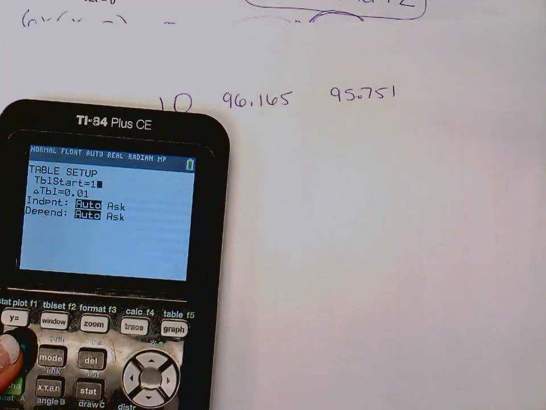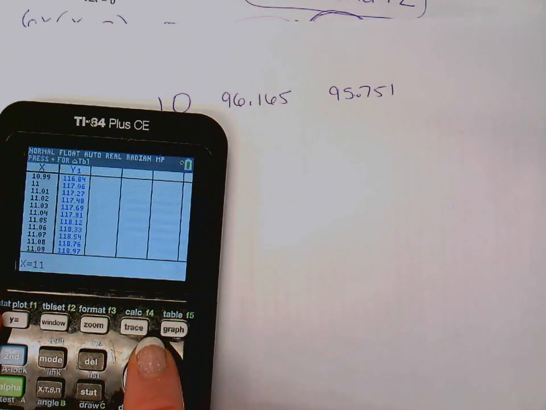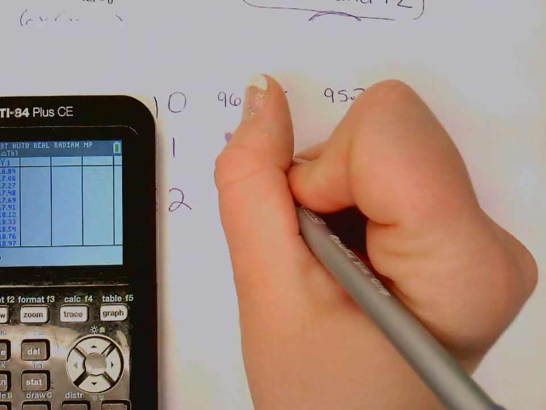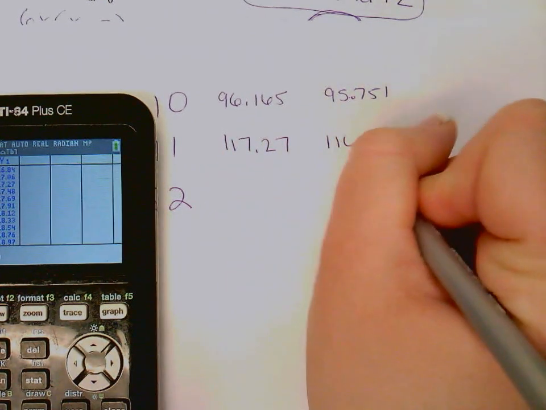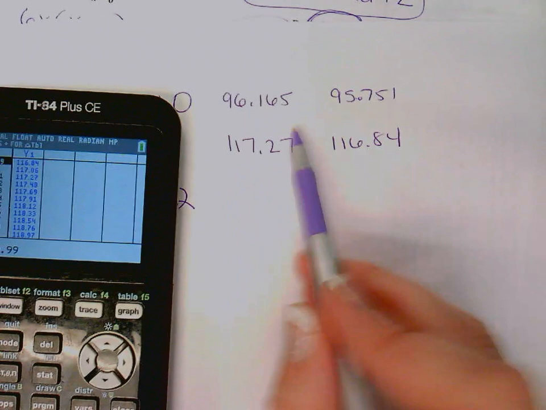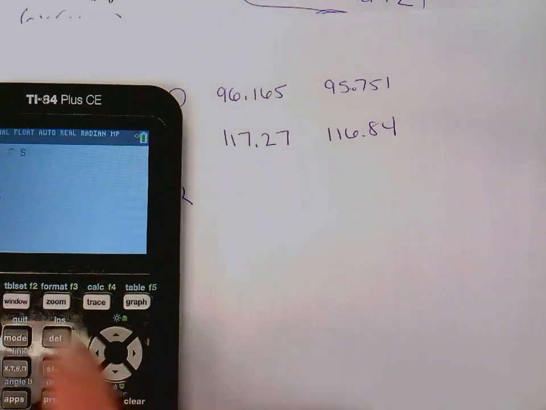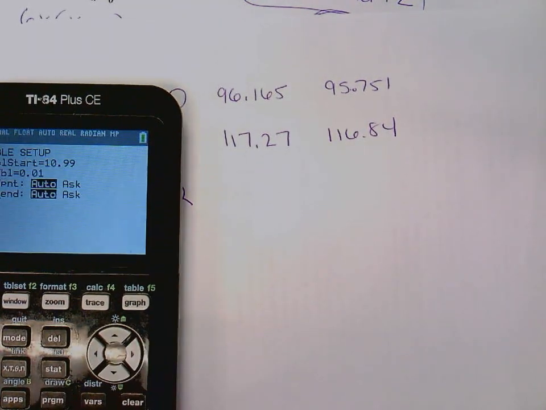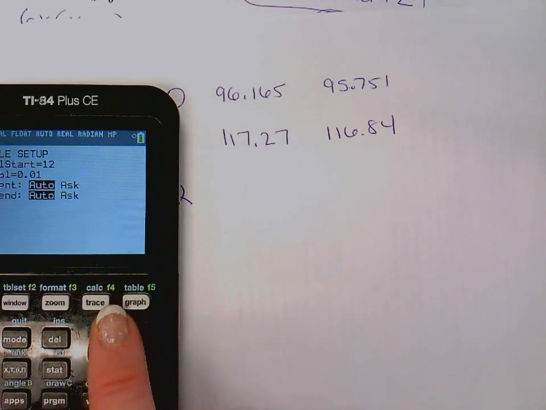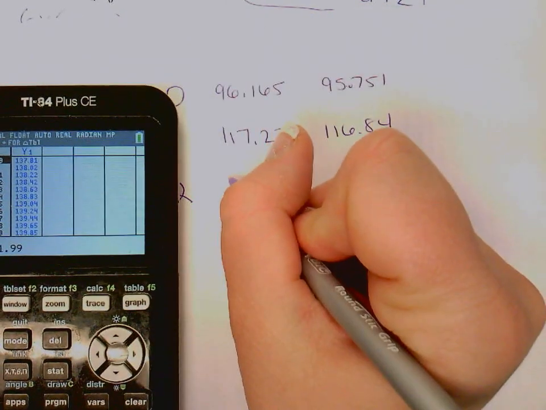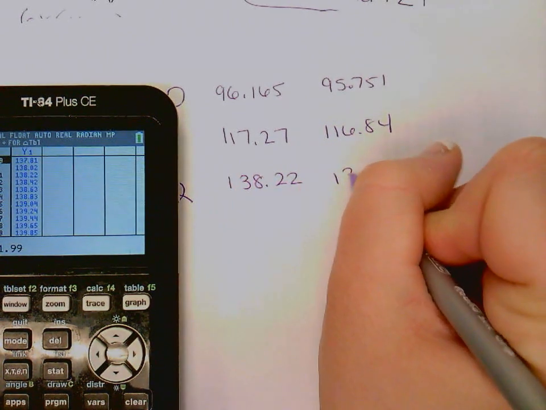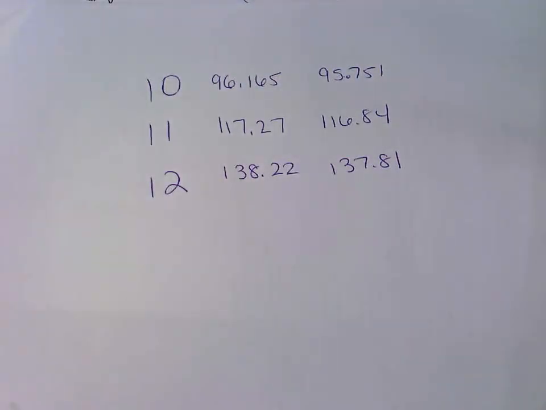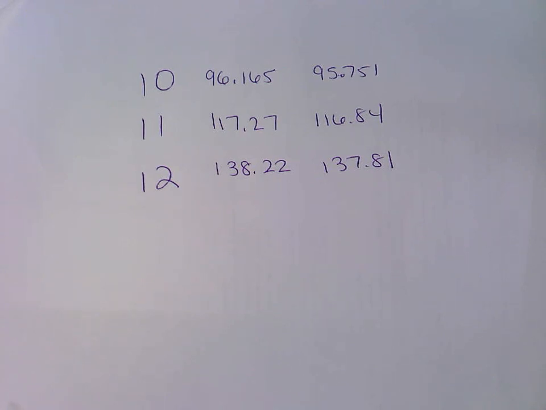If I go to day 11, this is 117.27 versus 116.84. I'm just doing the y values because I know if I subtract them, I'm just going to divide by 0.02. So what did I say? Day 12 is 138.22 versus 137.81. So basically, which of those days has the biggest difference right around it?